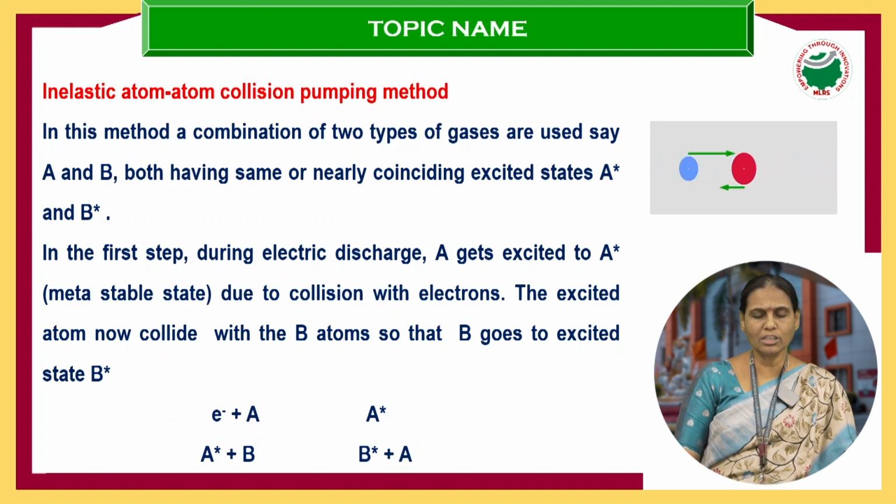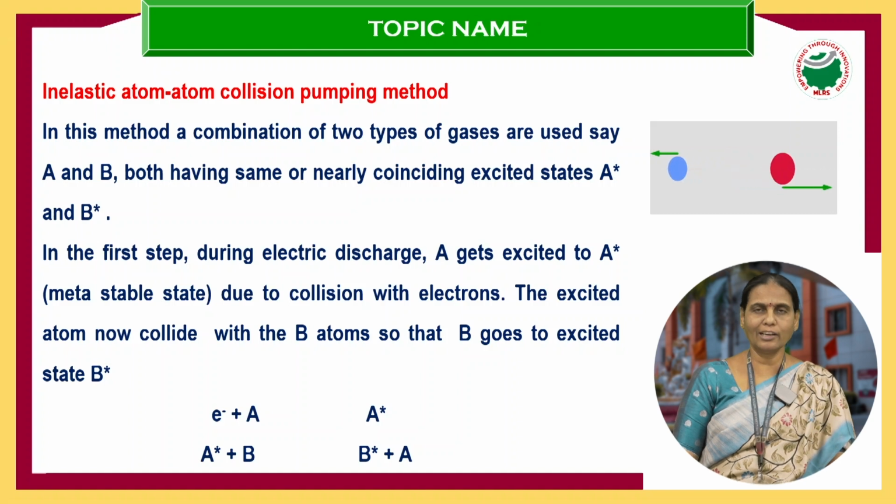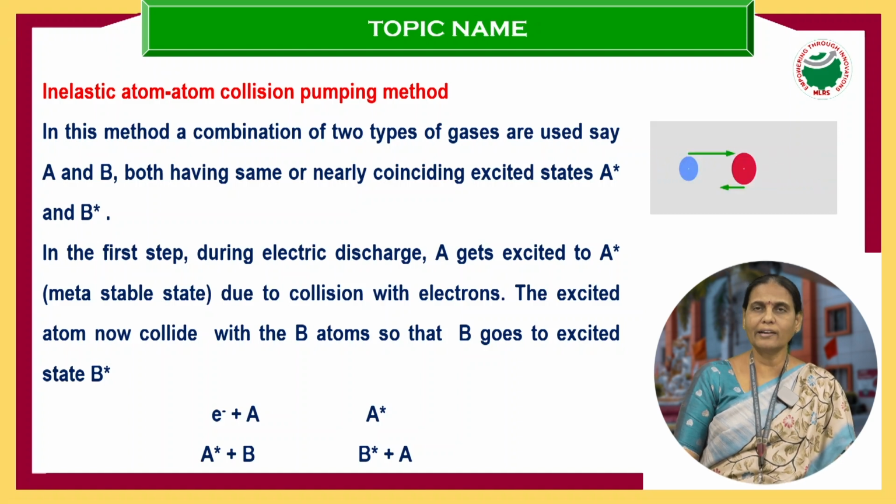You can see it in equation form: electron plus atom A gives A star, and A star plus B. Collision takes place because these two atoms are in one state only. The atom A in the higher energy state, A star, if it collides with atom B, gives rise to B star plus A, because A is losing its energy.